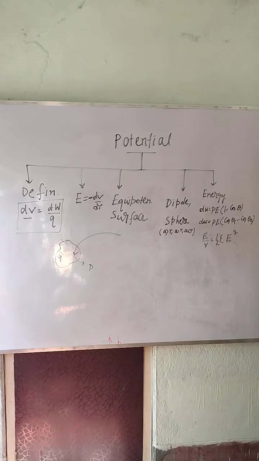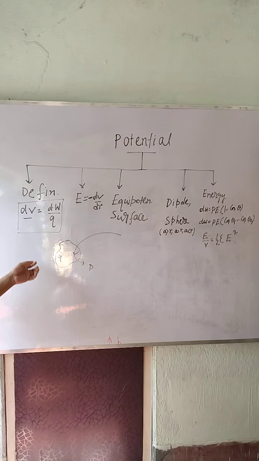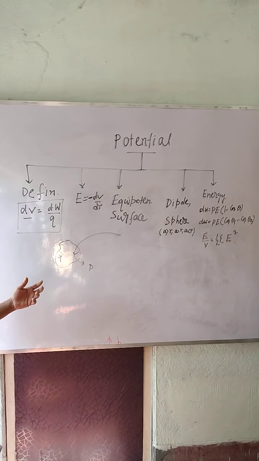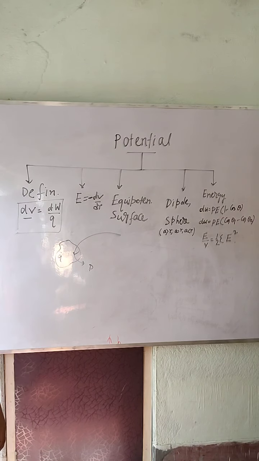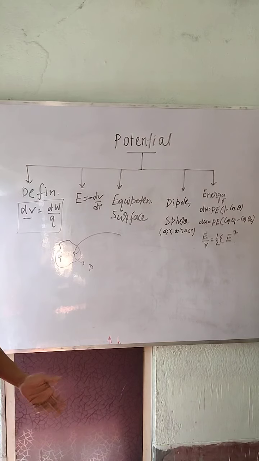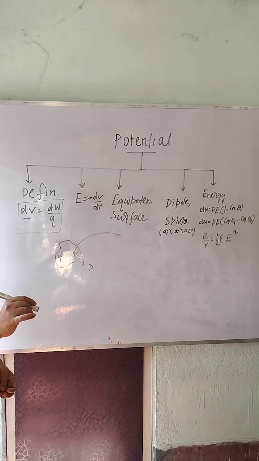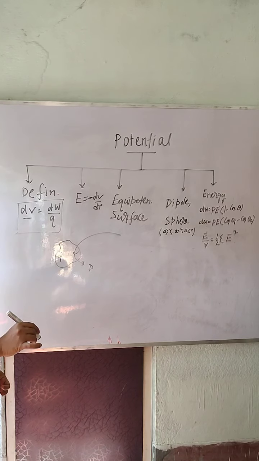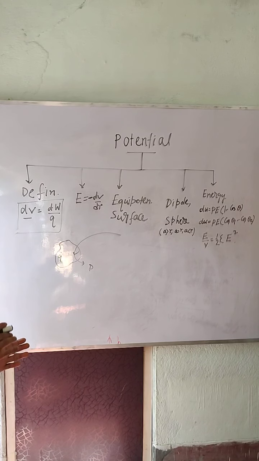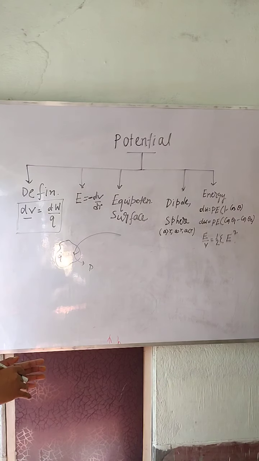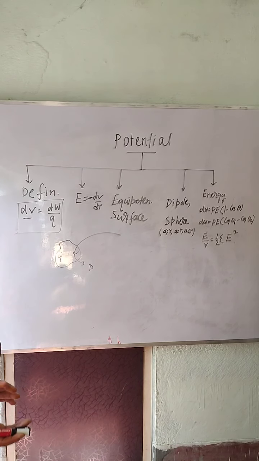Why dV? Because potential is such a quantity which cannot be measured exactly at a point. Whenever we want to calculate a potential for a conservative force field like the electric field, magnetic field, or gravity, we are not calculating the exact value at a point, but actually the difference in potential from a certain reference level.